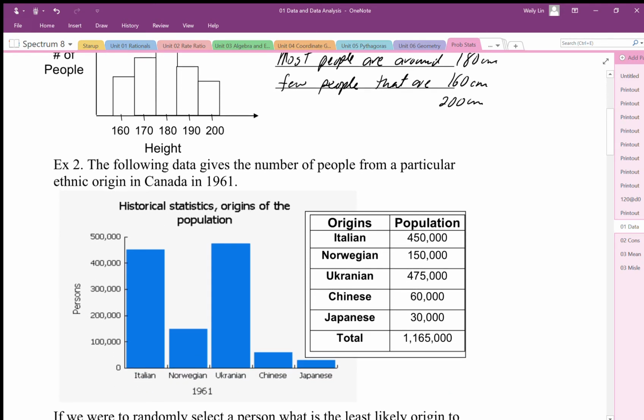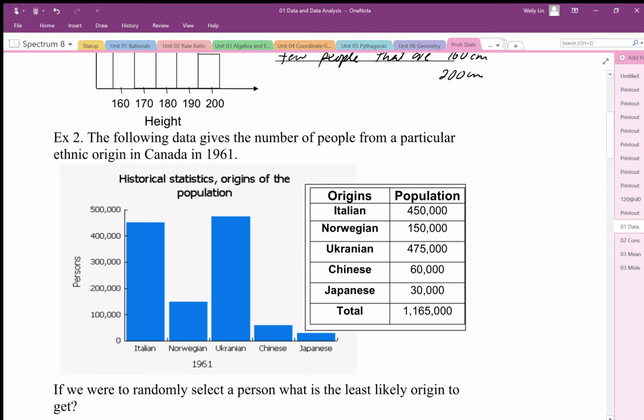Okay, so this one here, we have a chart here. The y-axis, the height of this chart, represents the number of people. Okay, the x-axis represents the ethnicities of these different people. So this is in 1961. So the ethnic origin. Okay, so we have the table here, which is the same as what we see from this chart.